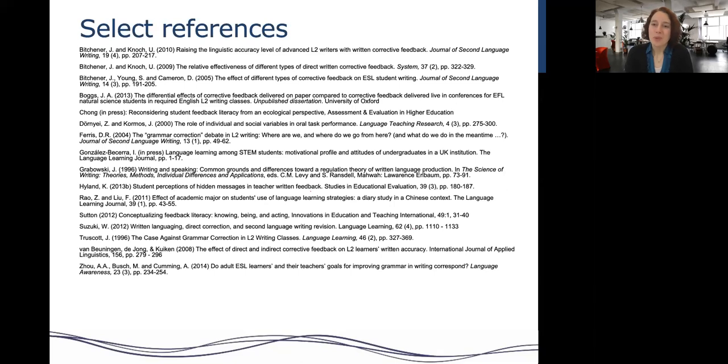I mean, we have to continue the research, right? And I think for those of us who are in the field of corrective feedback, we start to feel a bit tired by it. Don't get me wrong, I'm excited by my topic and I love talking about it. And yet there's still that moment where you receive an email saying, here's a review for you to do on corrective feedback.